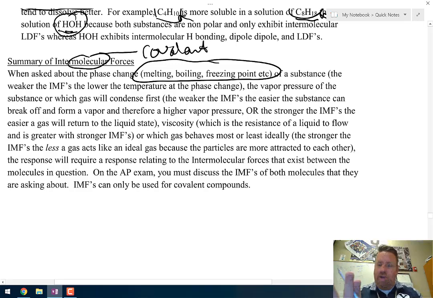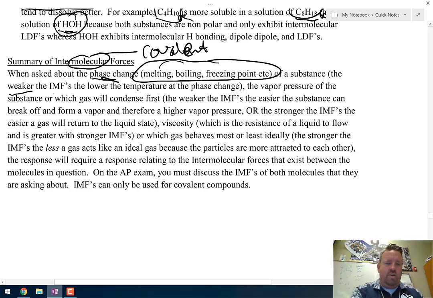At no point today, when we've talked about London dispersion, dipole-dipole, or hydrogen bonding, did we ever refer to an ionic compound. These are only covalent compounds. So when asked about the phase change, the melting, boiling, freezing point, why does this have a greater boiling point? Why does this have a greater freezing point, etc.? You're always going to refer to the intermolecular forces.